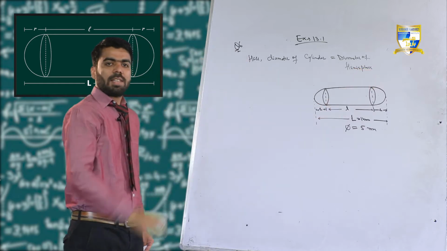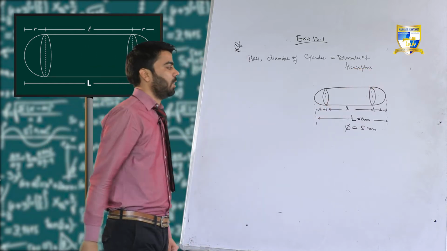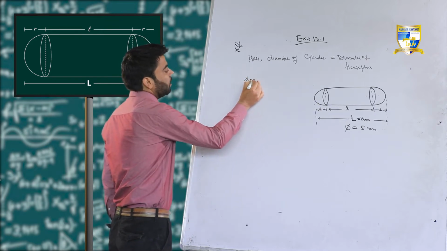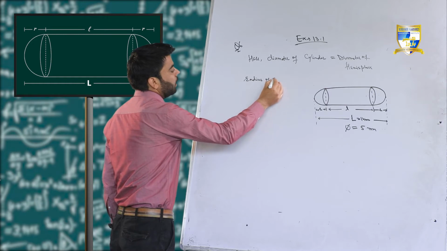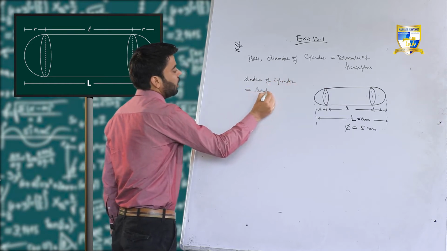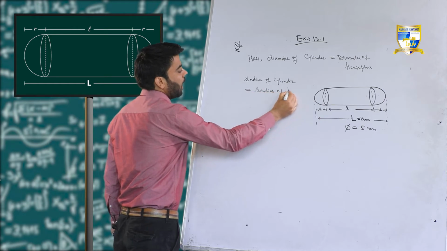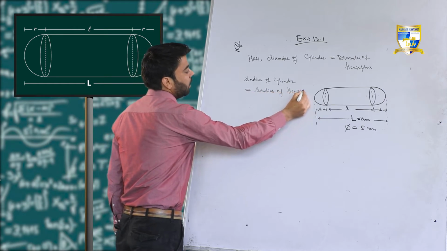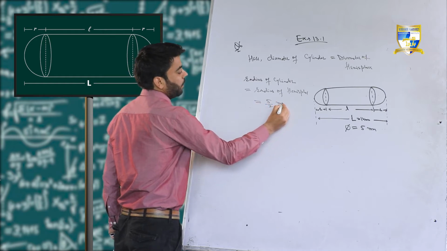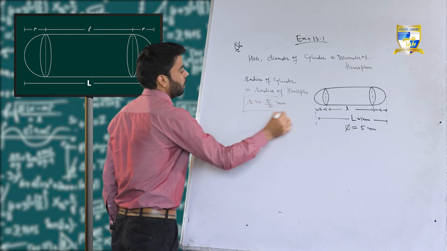If the diameters are the same, then definitely the radii are also the same, which I can write as radius of cylinder is equal to radius of hemisphere, and that is equal to 5/2 mm. This is a small r.